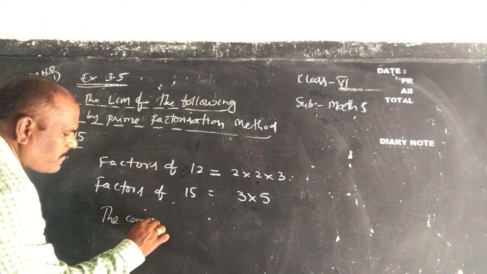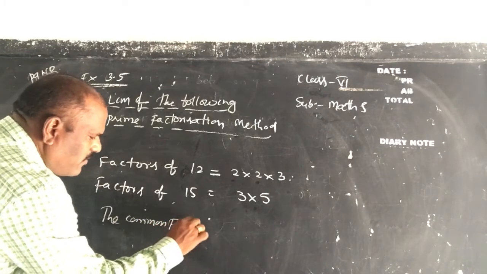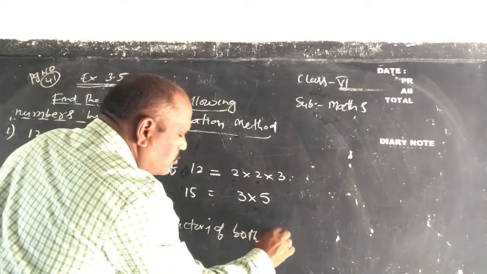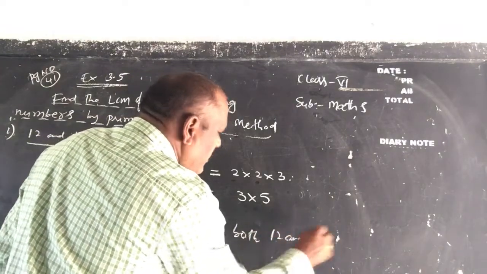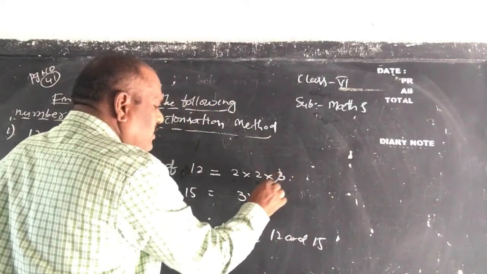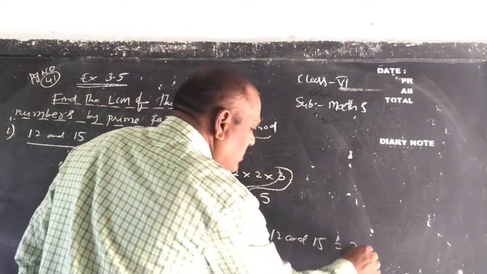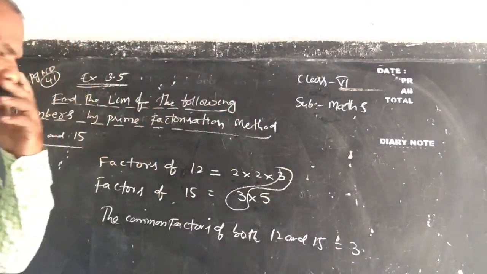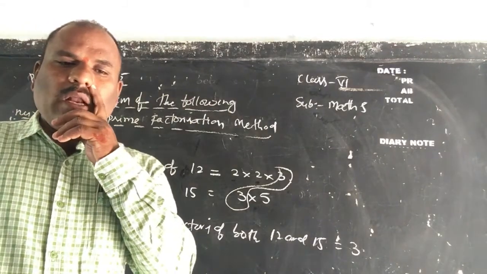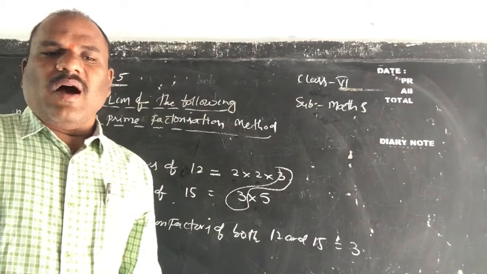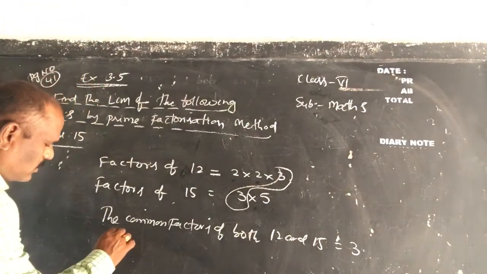Now the common factors of both 12 and 15. Children, what are the common factors here? 3. 3 is the common factor of both the numbers. Now take the extra factors of both 12 and 15.